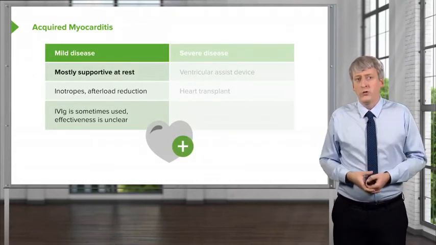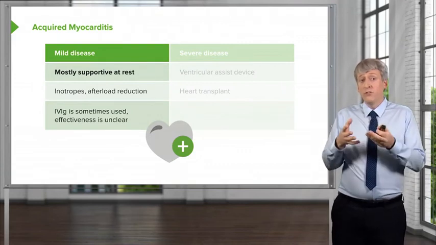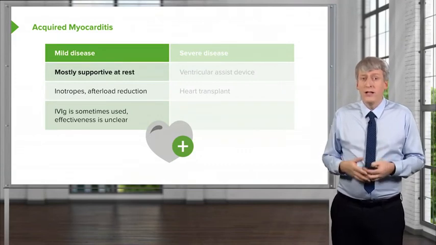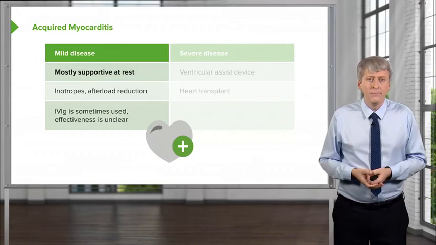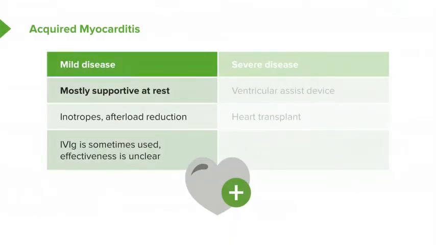So how do we treat it? Well, in cases of acquired myocarditis that are mild, it's mostly supportive therapy. We may provide inotropes and provide some afterload reduction. And there's some controversy about IVIG. Most people use IVIG simply because we think it might help.